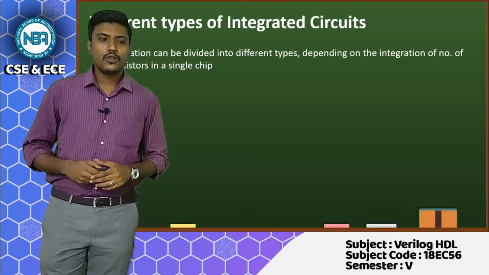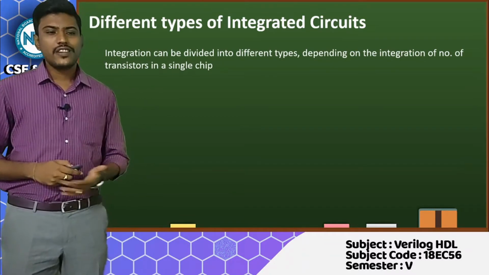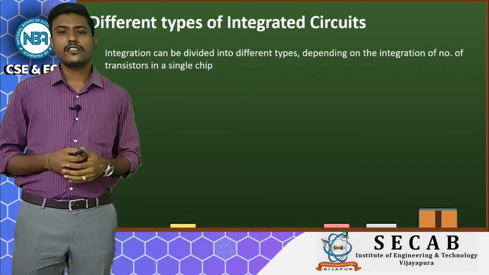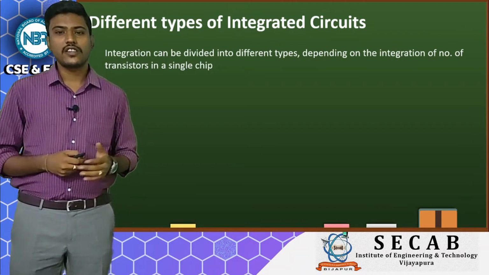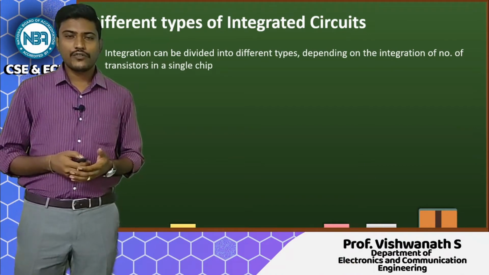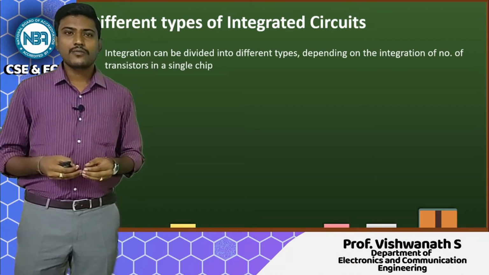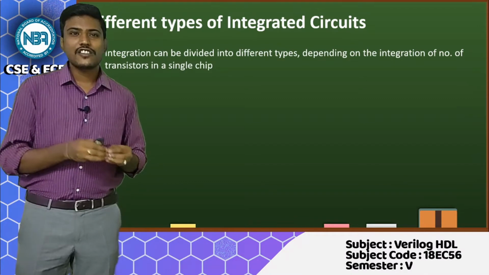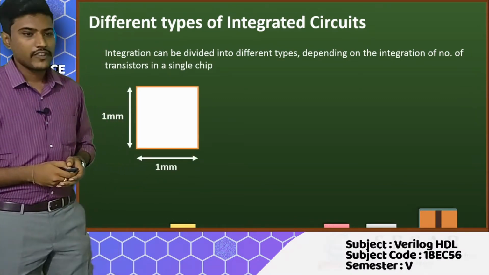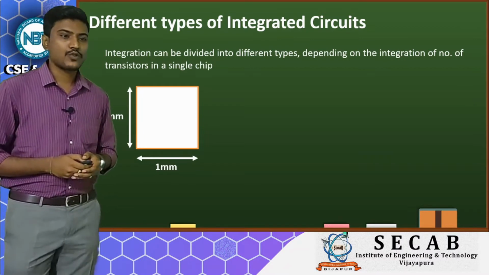Based on this we can differentiate the integrated circuits. And how can we differentiate? The differentiation can be done in terms of how much integration we can do into a particular device. So let me take a space over here.